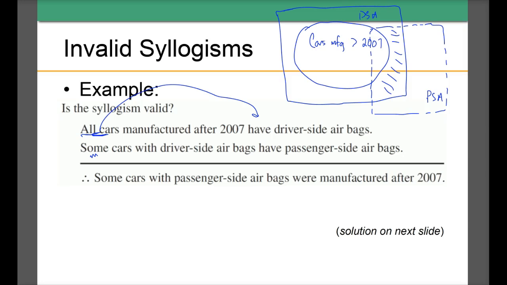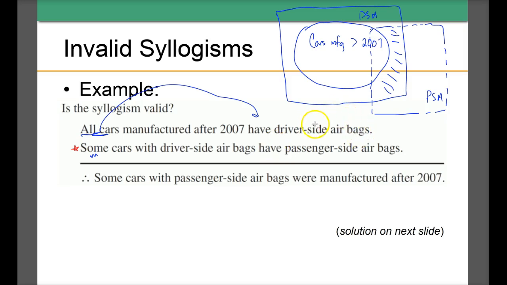Now the issue here, as we look at this, how we figure out if this is a valid argument, we figure out where all these cars can be. So we say some cars with driver side airbags have passenger side airbags.